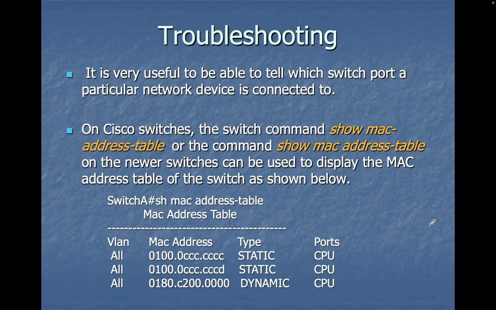On Cisco switches, the command show mac address-table helps us know which switch port we are looking for or troubleshooting. On newer switches, it can be used to display the MAC address table of the switch as shown below.